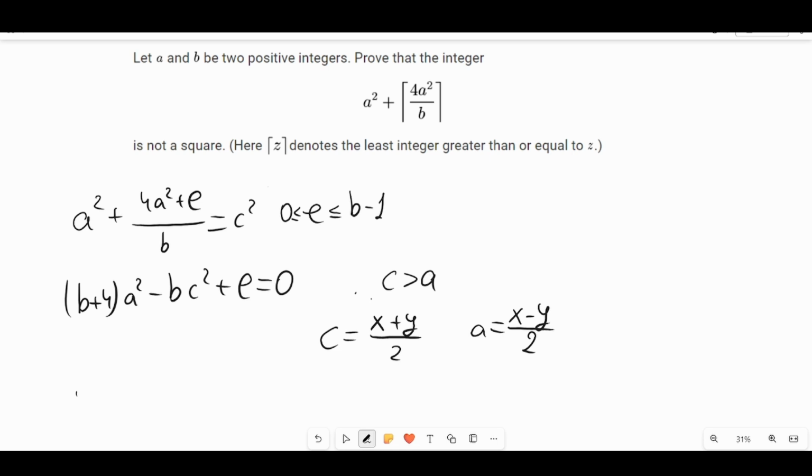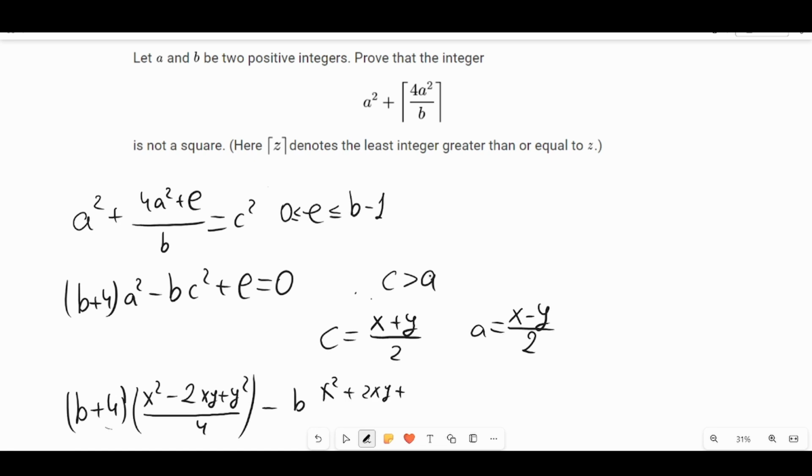So we will have b plus 4 times (x squared minus 2xy plus y squared) over 4, minus b times (x squared plus 2xy plus y squared) over 4, plus e equals 0.